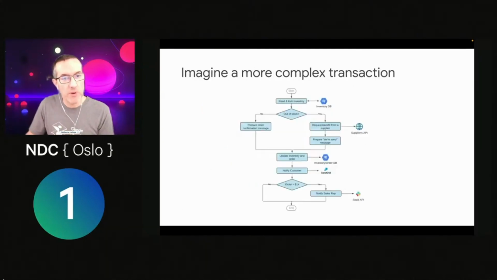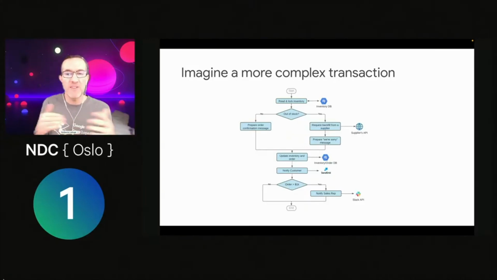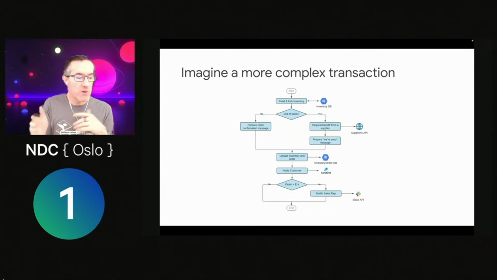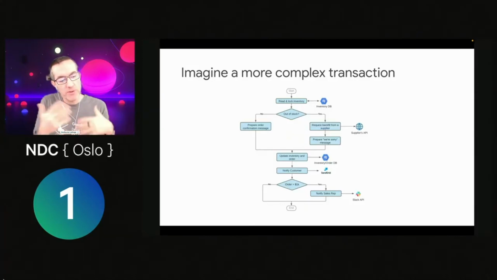So if we look again at another, slightly more complex example, let's say here you've got to check what's in the inventory. Perhaps you're going to call the inventory database and have different branches. So in one branch, it's in the inventory, so you can prepare the order, the confirmation.